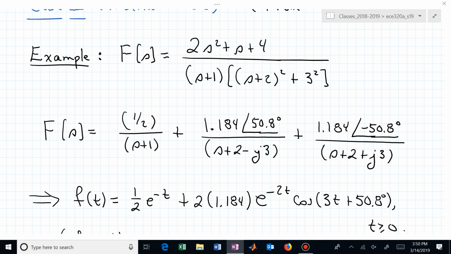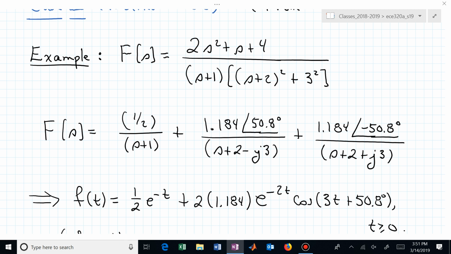Yes? So I want to make sure that the denominator has the root or the pole that goes in the... Yes, so what you want to do is make sure that when you do the cover-up method, you find the partial fraction expansion coefficient. The question was, what factor do I focus on when I'm trying to find my partial fraction expansion coefficient?